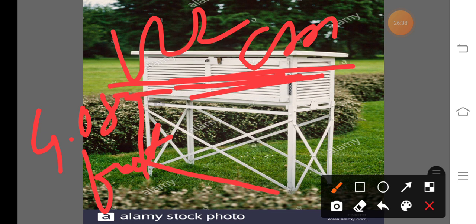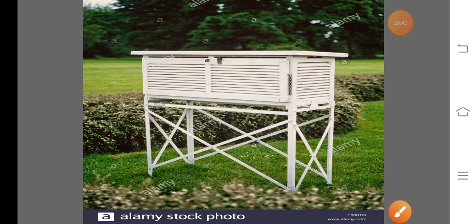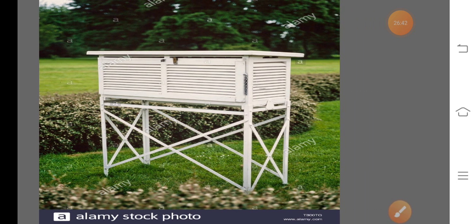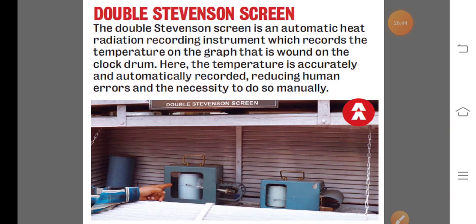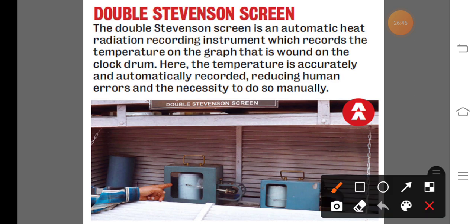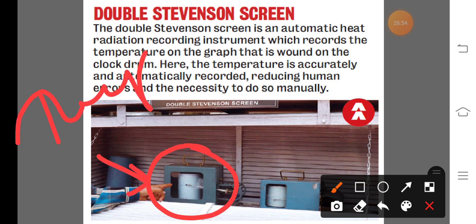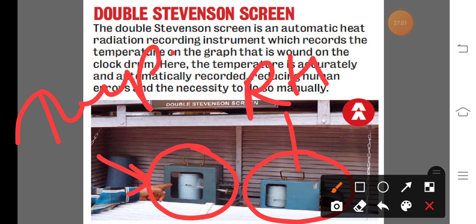So this is about the structure of the double Stevenson screen, and it includes two instruments. The first instrument is the thermograph, which is used to measure the temperature, and the second is the hygrograph, which is used to measure the relative humidity.